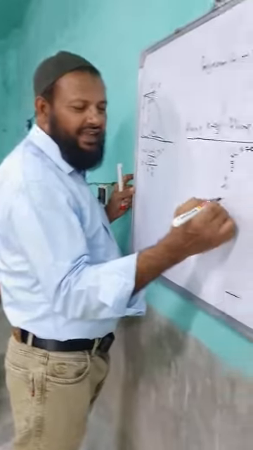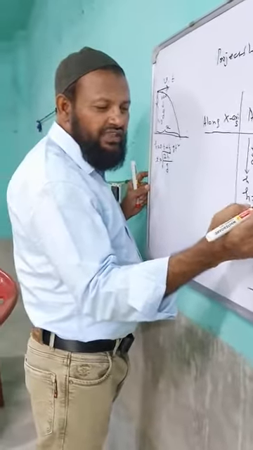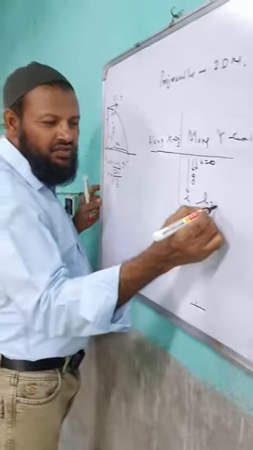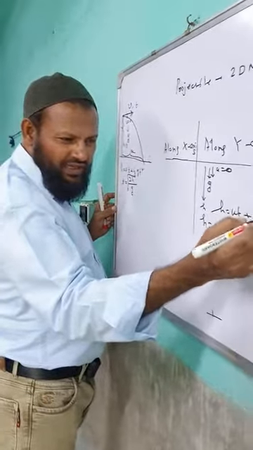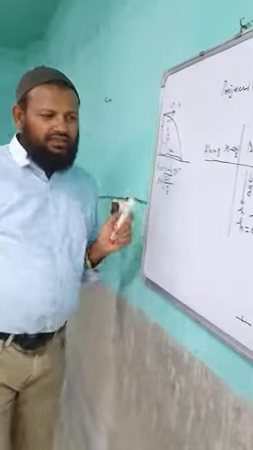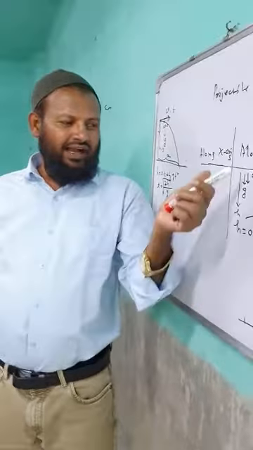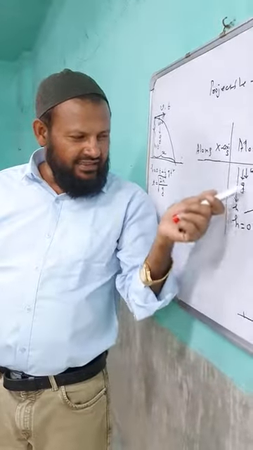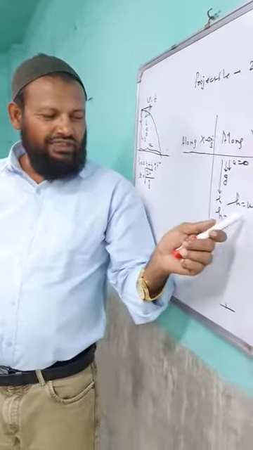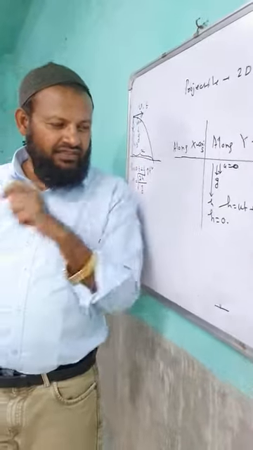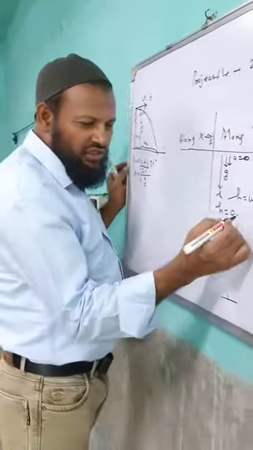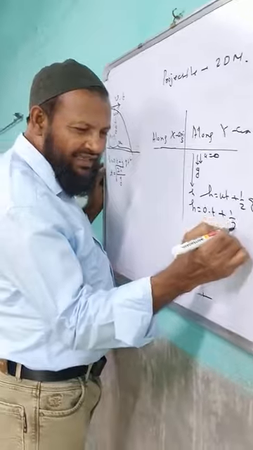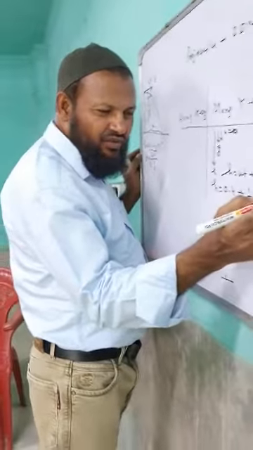Now h equal to original formula, h equal to ut plus half g t square, since body is falling, moving like this, and acceleration in this direction. Now what is u? u equal to 0, so h equals half g into t square.